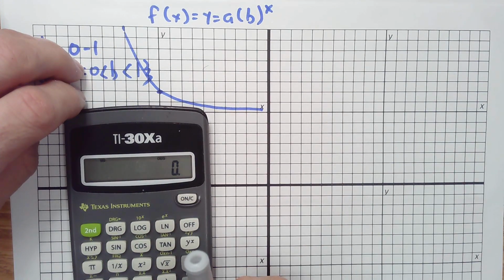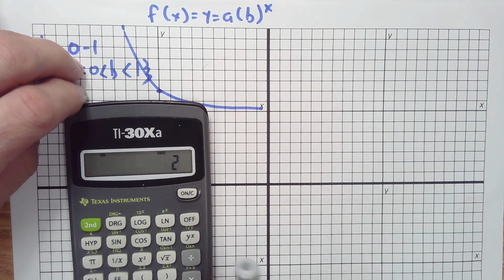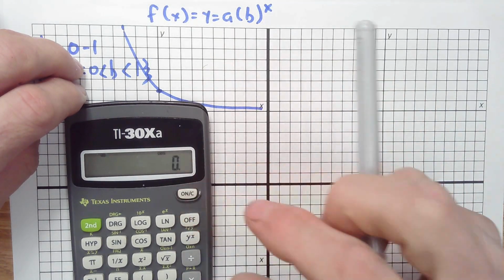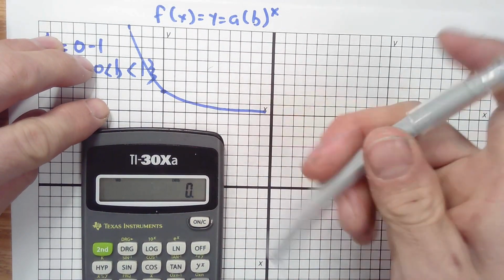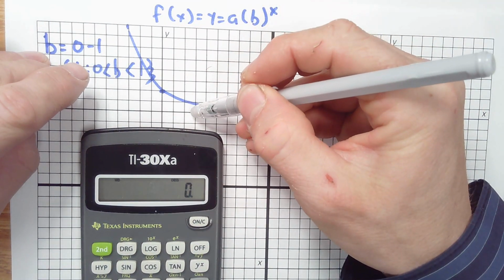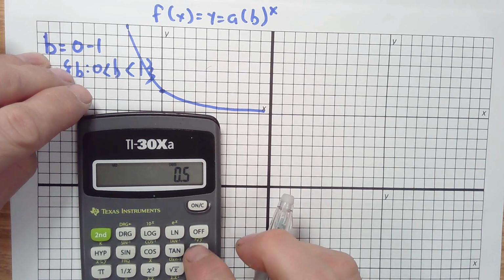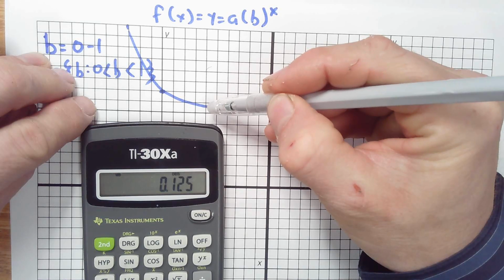If x was 2, that means I'm going to multiply a by 0.25. If x is 3, that's going to be 0.5 to the third. It's 0.125, so it gets smaller and smaller and smaller.